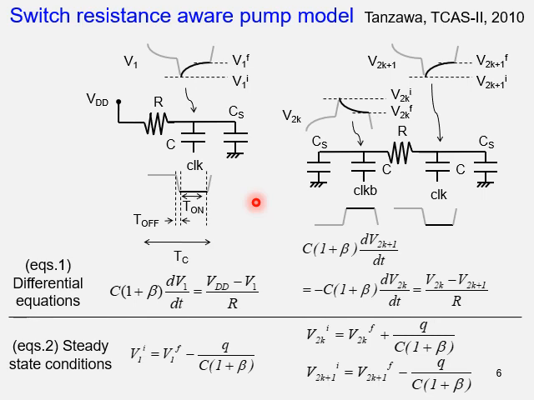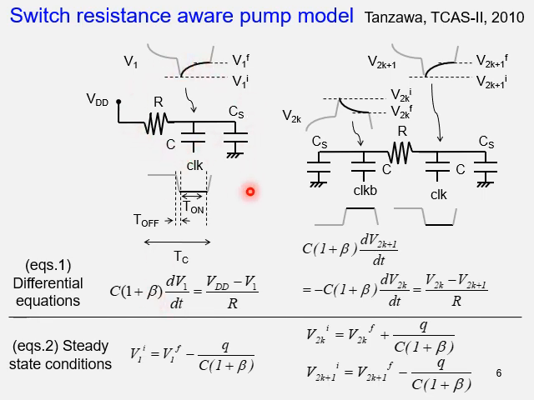Because we want to have the I out, P out equation, which depends on the clock frequency, you should have the differential equations during the clock half cycle.